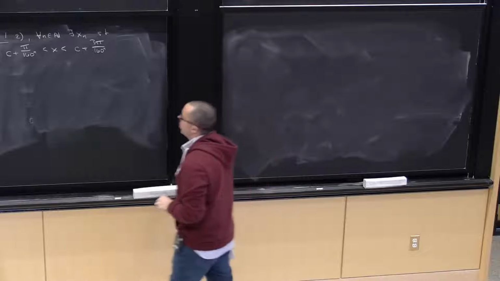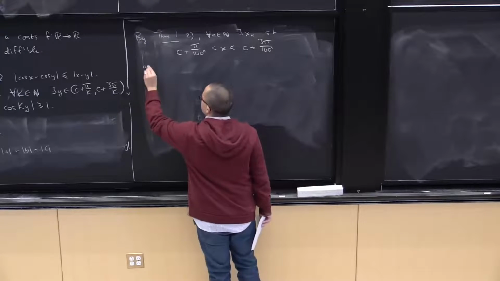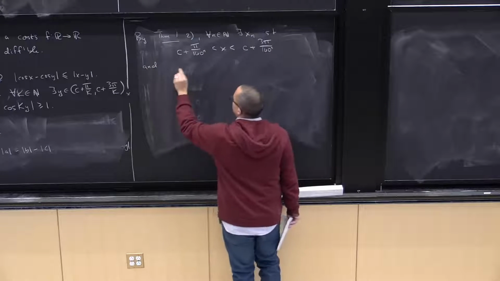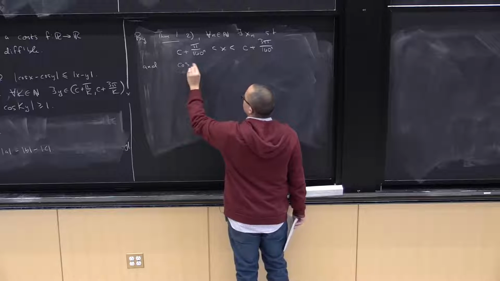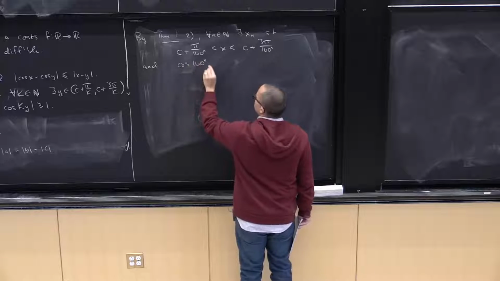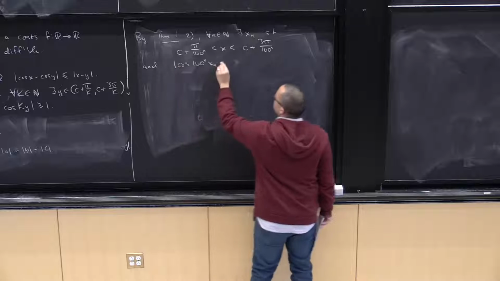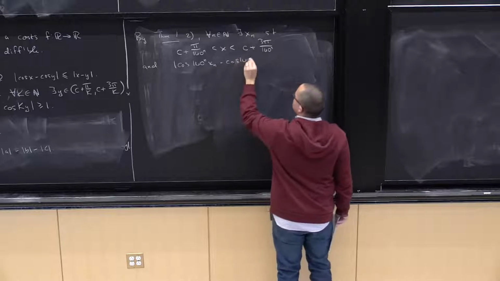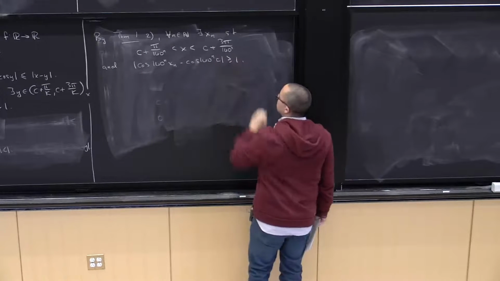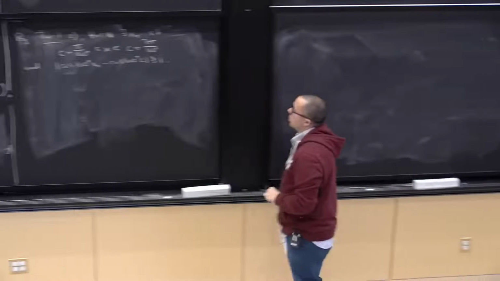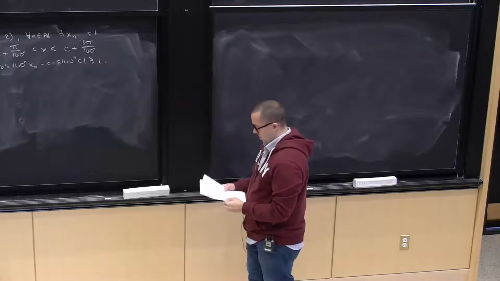Okay. And cosine of 160n x of n minus cosine of 160n c is bigger than or equal to 1. Okay.